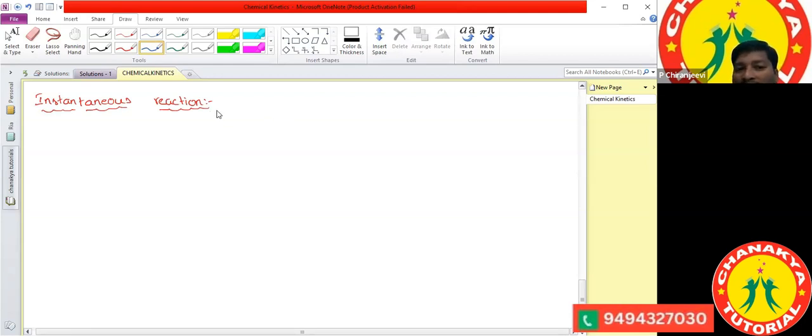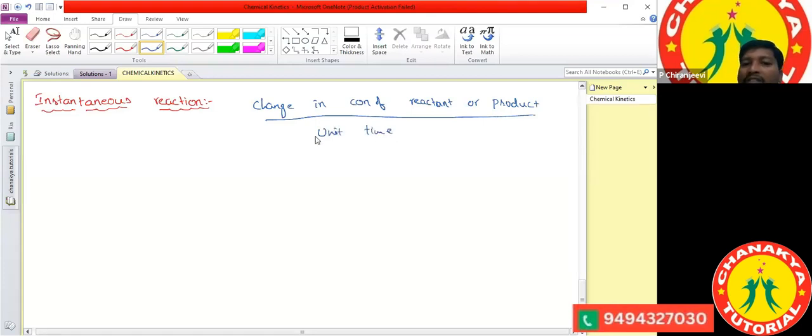So what is meant by the instantaneous reaction? It is the change in concentration of reactant or product by unit time.